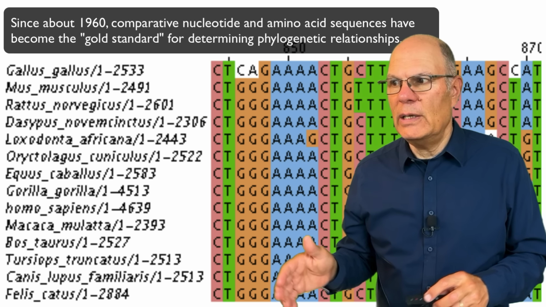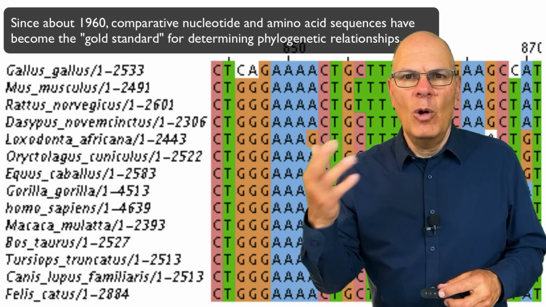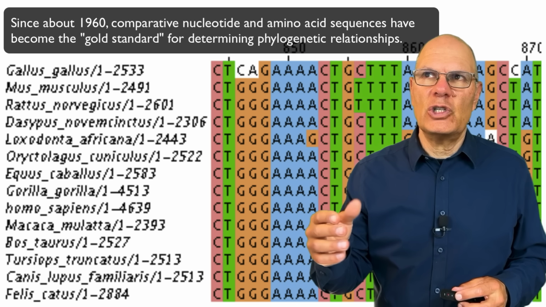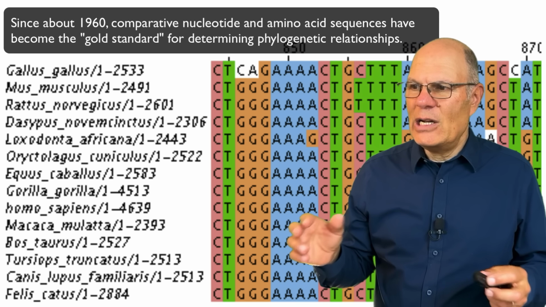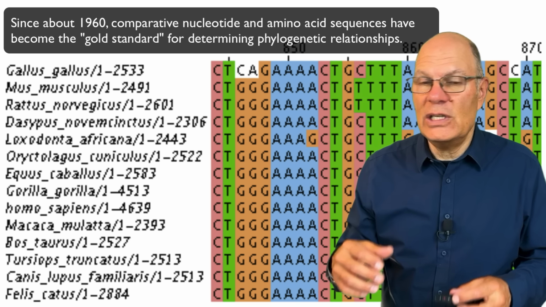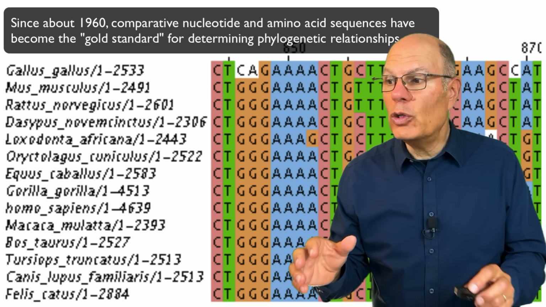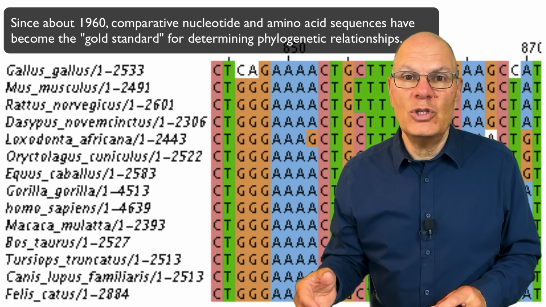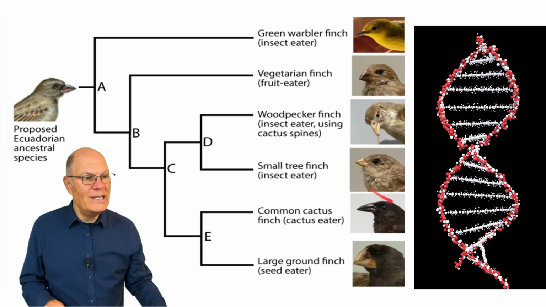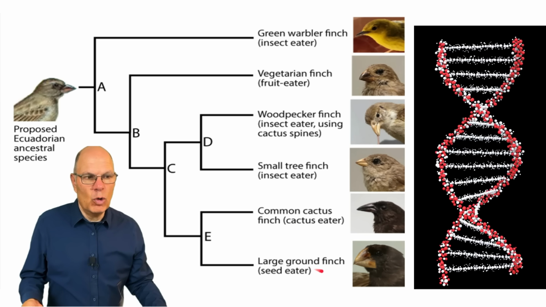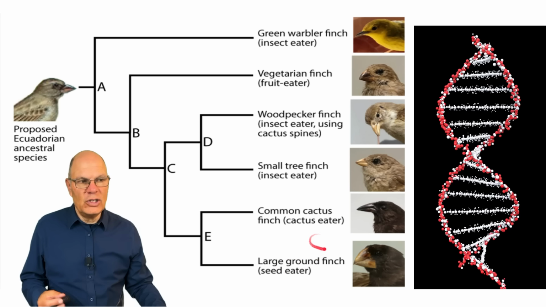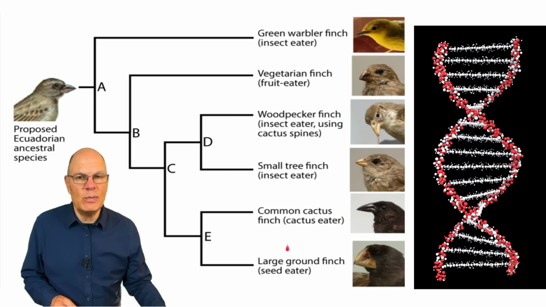But more recently, post-1960, remember Watson and Crick figured out the structure of DNA in 1953, nucleotide sequences in DNA and RNA and amino acid sequences in proteins have become the gold standard in determining phylogenetic relationships. So a DNA analysis would indicate that the common cactus finch is more closely related to the large ground finch than to any of the other Galapagos species. That's a hypothesis, and you could confirm that through DNA sequencing.